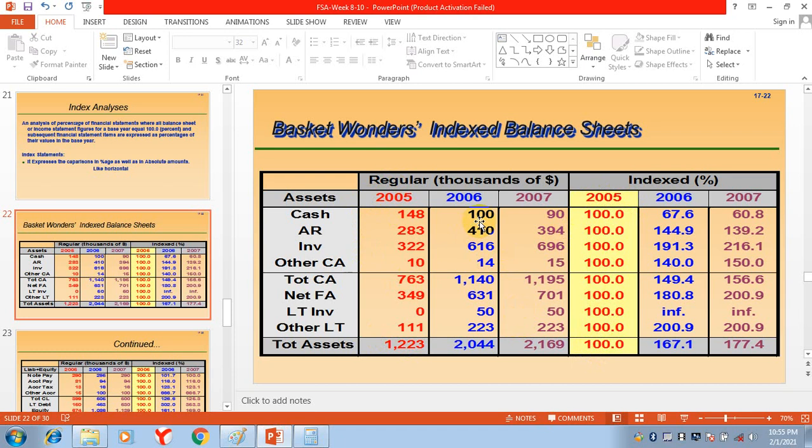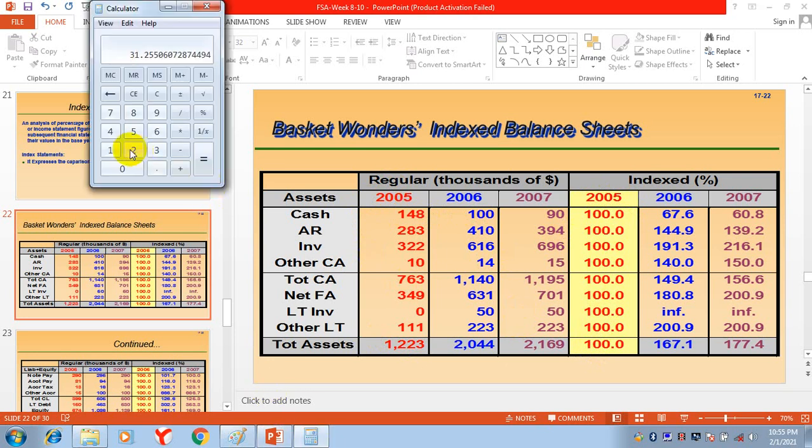In 2006, what will we do? 100 divided by 148. Current year divided by base year multiplied by 100. So 100 divided by 148 and multiplied by 100, it will become 67.6%.